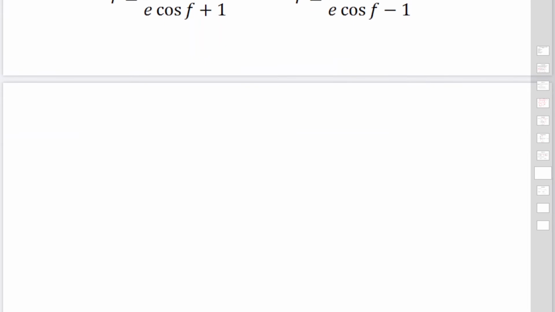So we start with the equation x squared over a squared minus y squared over a squared (e squared minus 1) equals 1. We can multiply a squared (e squared minus 1) on both sides. So it becomes (e squared minus 1) x squared minus y squared equals a squared (e squared minus 1).